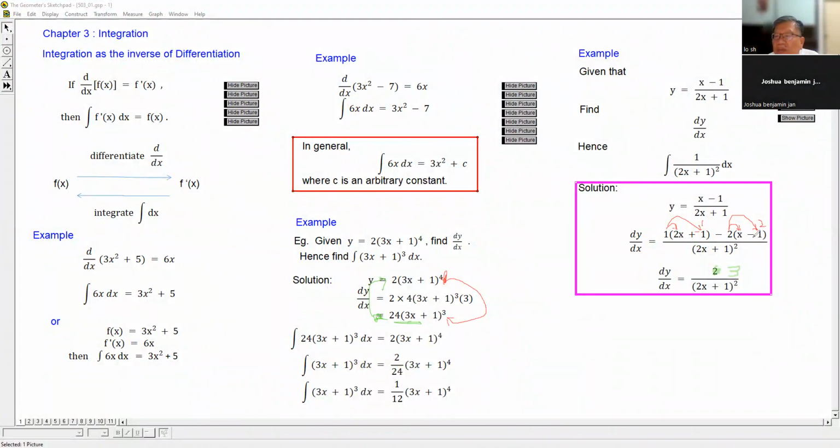Negative 2 multiplied by negative 1 is positive 2. 1 plus 2, answer 3. It's not 2, I typed wrongly. Okay, so this is our dy dx. So our dy dx is 3 over 2x plus 1 squared.